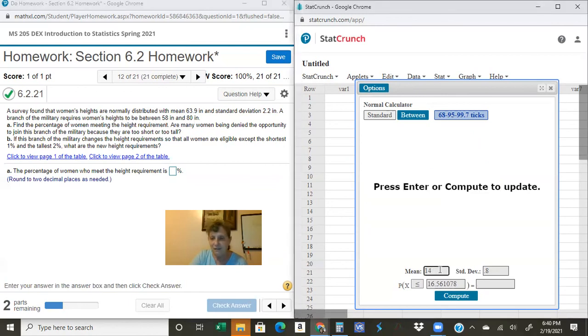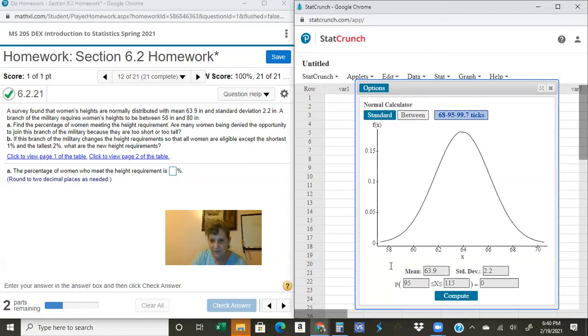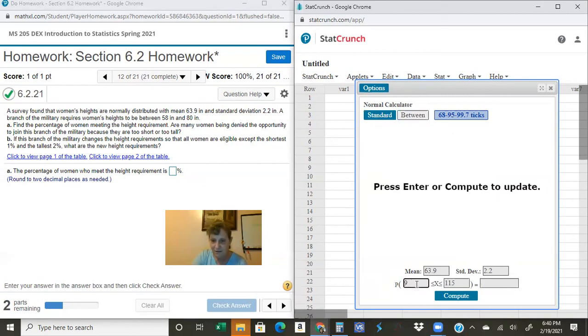So the mean is going to be 63.9. Enter that. Standard deviation is 2.2. Oh, I need to put this on between, don't I? Okay, so between 58 and 80, I'm just going to put literally between 58 and 80.